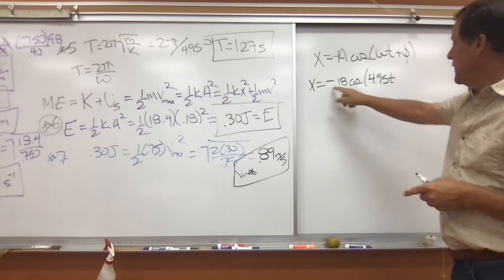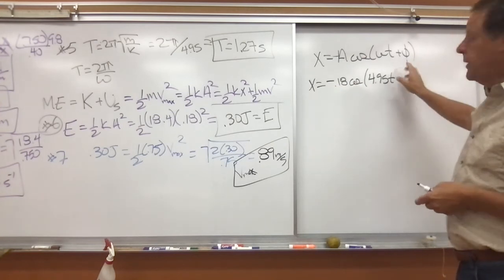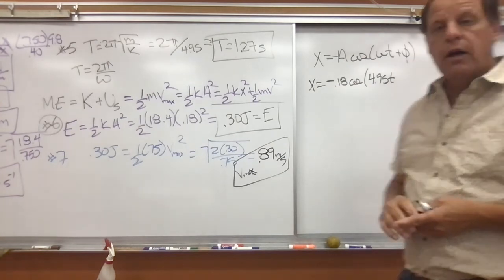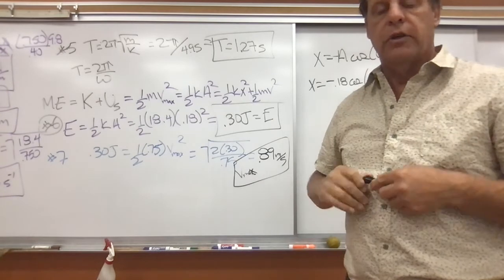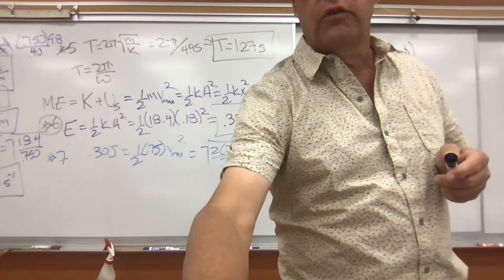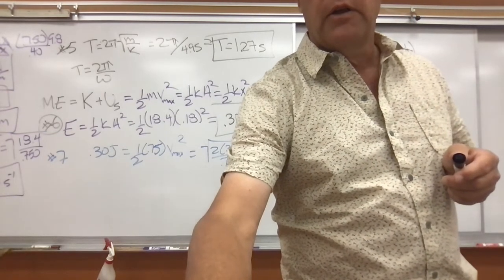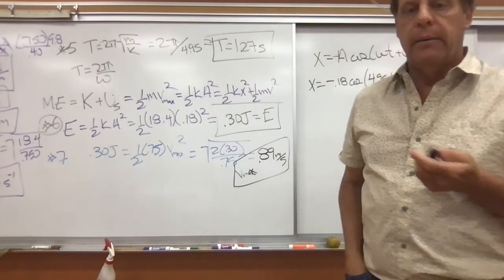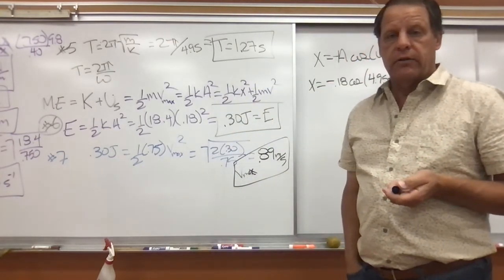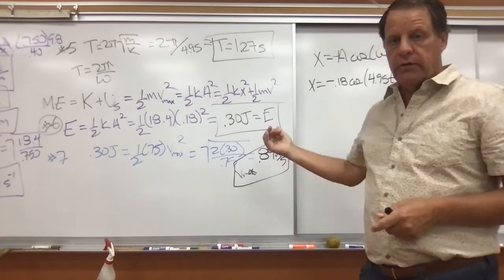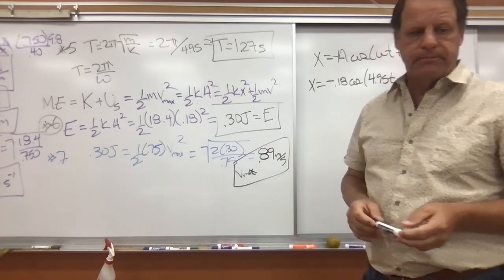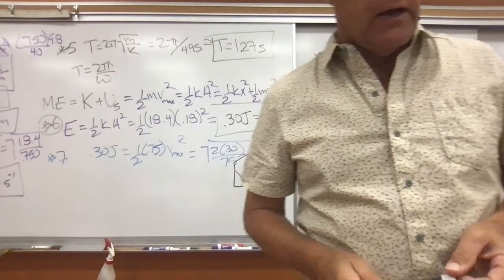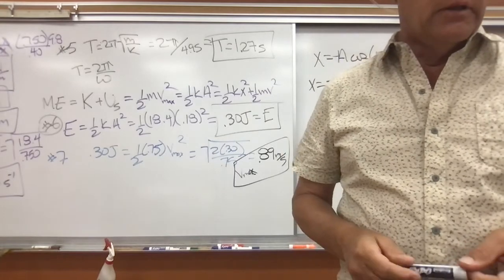But since this is negative, we're starting at the bottom, and therefore our phase constant is going to be 0. Now, as far as you're concerned for the quiz, you don't have to worry about the phase constant because I'm not asking you a question about phase constant. So it'll just be one of these standard sorts of things. All right, so now I'm using up as positive.